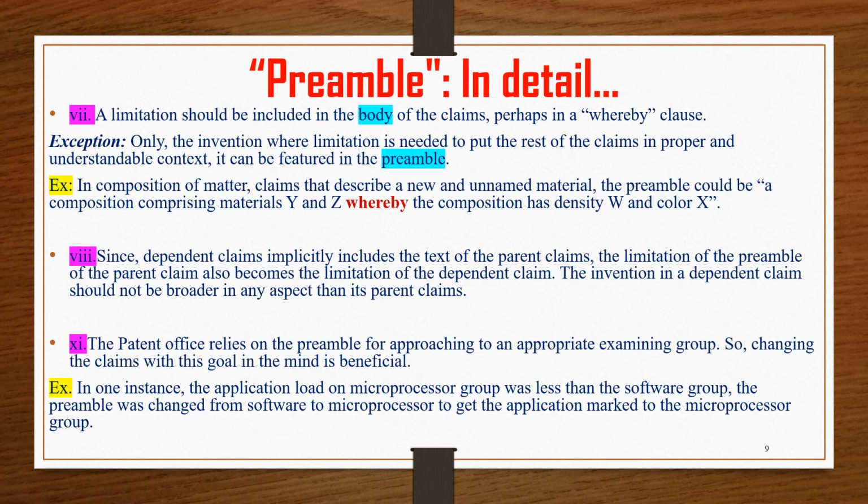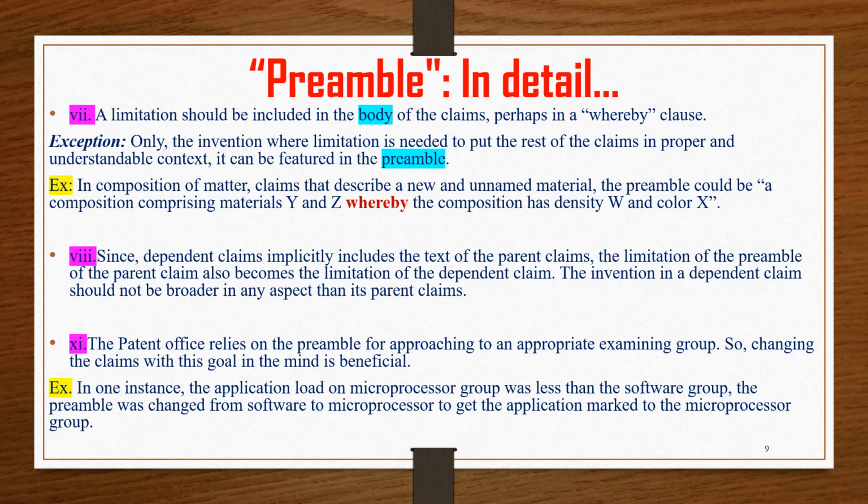A limitation should normally be included in the body of the claims, perhaps in a whereby clause. But the exception is the invention where the limitation is needed to put the rest of the claims in proper and understandable context, then it should be featured in the preamble.